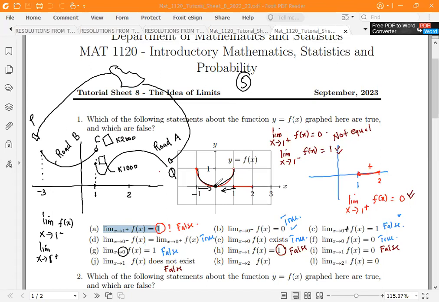So the limit exists. But if you are going to 1, those that come from left will be in different positions. So the limit there does not exist. The limit will only exist if whichever direction you use, you meet. If as you change direction, you don't meet, then there's no limit there.